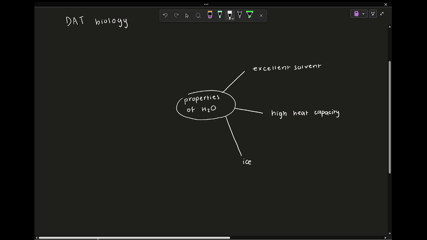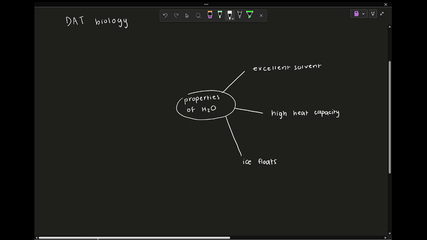Next would be ice floats. In water's case only, the solid form is much less dense than the liquid, because the hydrogen bonds are as far away as possible, and the crystalline structure becomes more rigid and less dense, so ice floats.